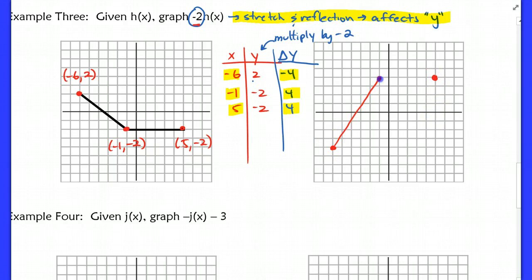Now you're going to see this has been flipped, right? Now you're seeing this whole thing flipped over the x-axis, and it's also been stretched vertically. You have a vertical stretch. This segment here is much shorter than this segment here, so it's been stretched and flipped, okay?